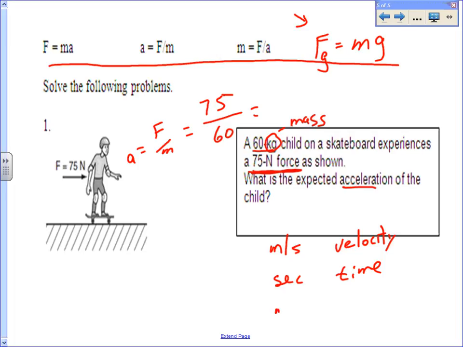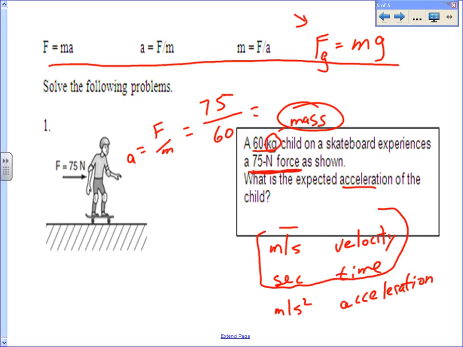And you have to know that meters per second squared measures acceleration, although usually we will tell you that it is accelerating at something, so it's more reading. But you have to know the mass, and you have to know the velocity and time for sure. Everything else, we will tell you what's going on. We won't just say 75 newtons. We'll say, hey, a force of 75 newtons. So it's reading.